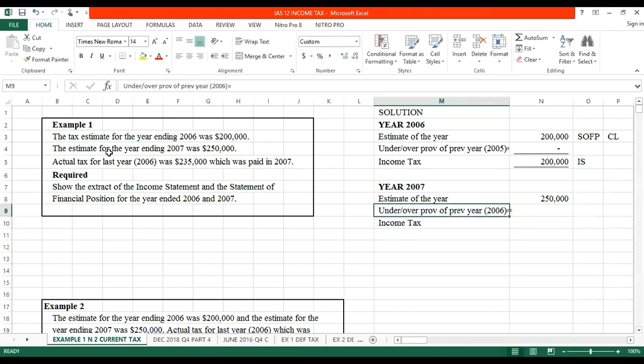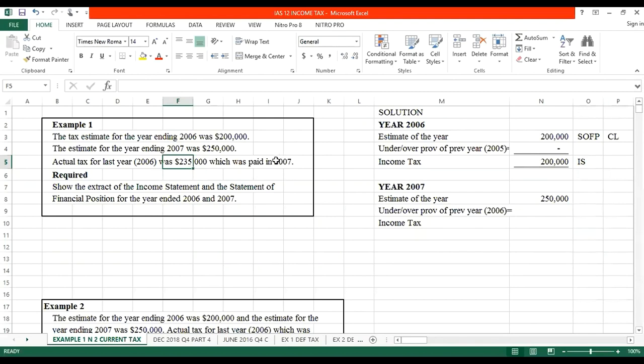Let us be careful. Actual tax for last year was how much? 235 for last year. We are in 2007. Last year, actual tax, which was paid in 2007. So the tax for last year, 2006, was actually 235.